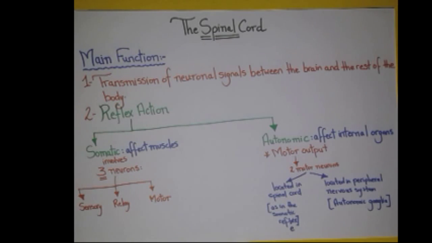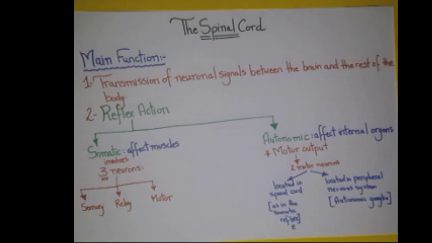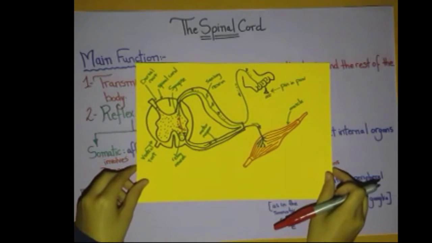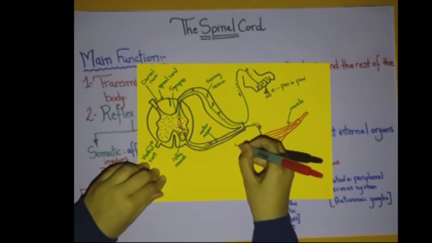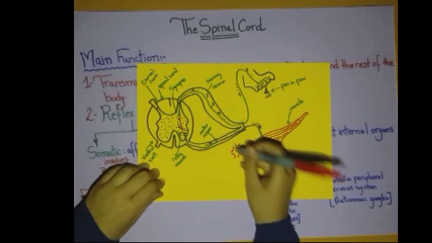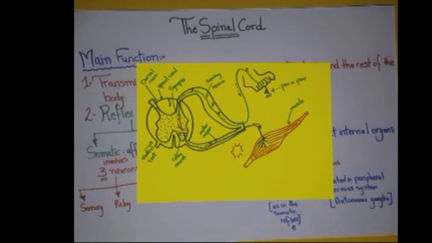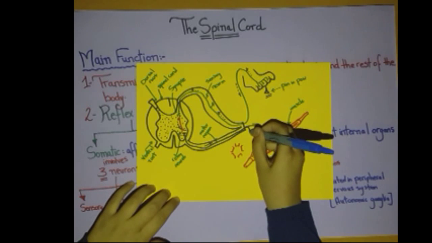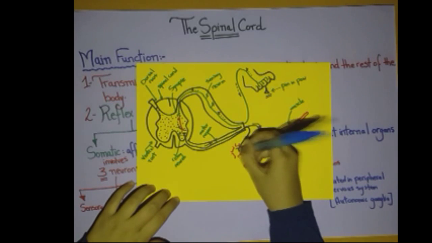It will relay the signal to another effector or a gland to secrete a specific hormone. As you can see in the picture here, modified for the autonomic nervous system, there are two motor neurons, one in the central nervous system in the spinal cord and one in the periphery.